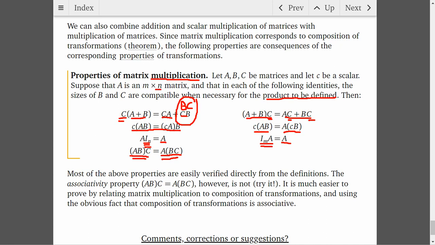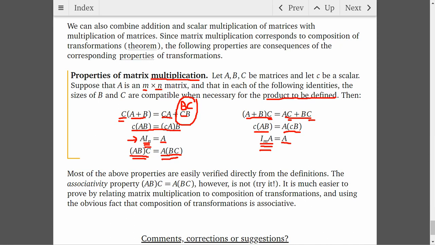So for an m by n matrix, that's why it's I sub n on one side and I sub m on the other. So the identity matrix works, but they may not be the same identity. When I multiply on the right, I may be multiplying by a different identity than when I multiply by the identity on the left.